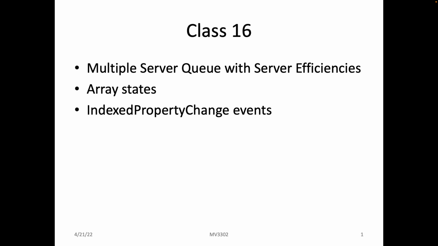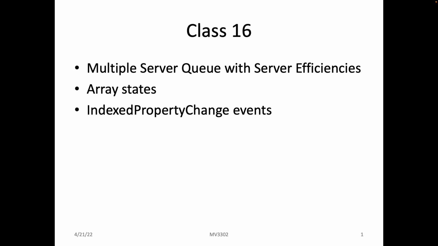And then, in keeping with our iterative approach, if we look at our system and notice that our servers are not really homogeneous but heterogeneous, what is it that makes one server different from another in the context of our highly abstract model here? One element of that is what I'm calling the efficiency.